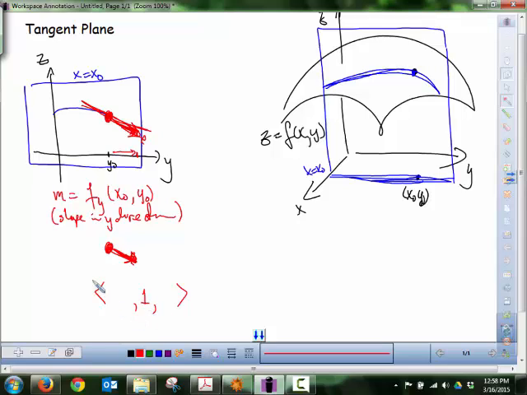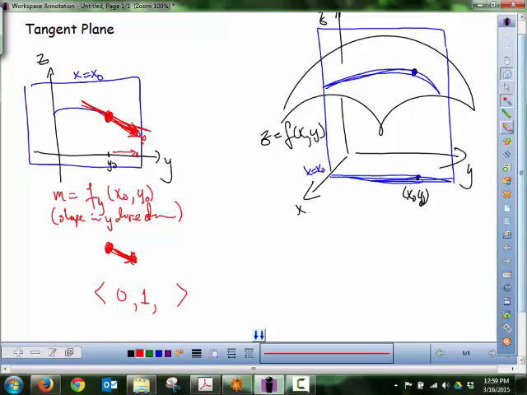How many units will it change in the x direction? None, because you're just running along the y. You're not coming off of the YZ plane, so you're not moving in the x direction at all. So this is a vector with no movement in the x direction, and I've established a movement in the y direction of 1 unit.